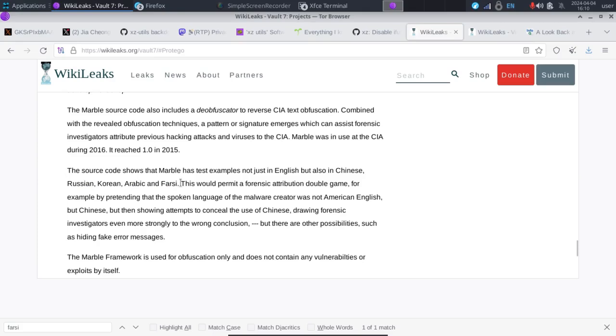That is something that was revealed in Vault 7 and something we knew before Vault 7 even came out, that nation states would commonly take a rival nation and then would try to lay the attribution on them by putting in things like their time zone, putting in things like their names or their language.